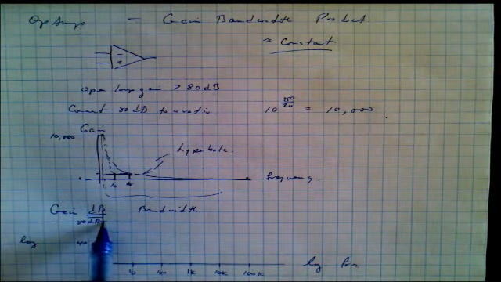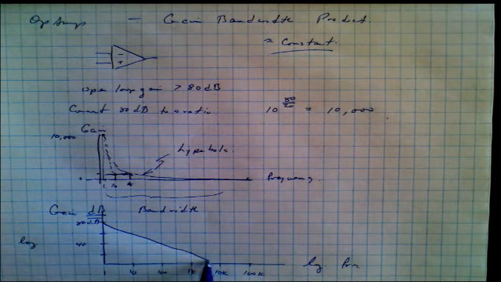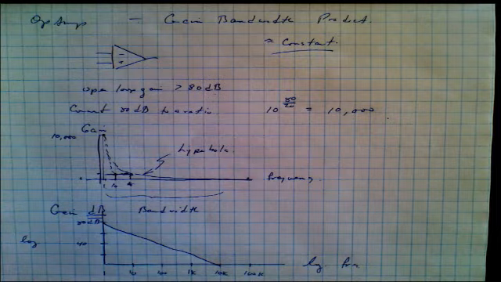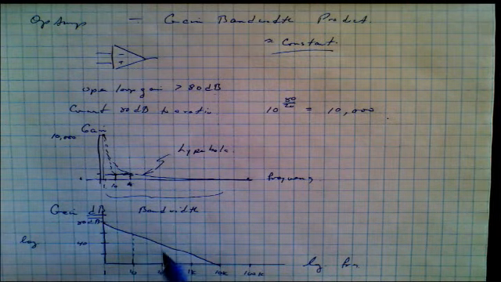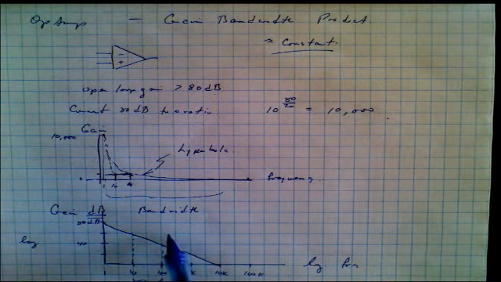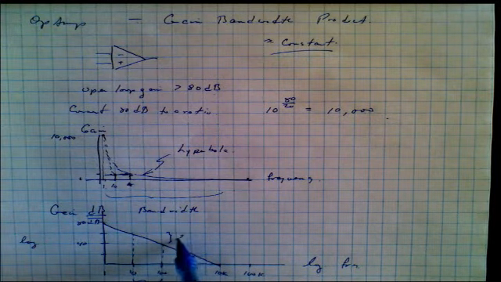And so now if we were to plot the gain bandwidth product, what we would find is that it creates a shape that looks like this. A straight line. And furthermore, it has a unique slope. And that is for every decade, so this is a decade, it drops 20 dB.